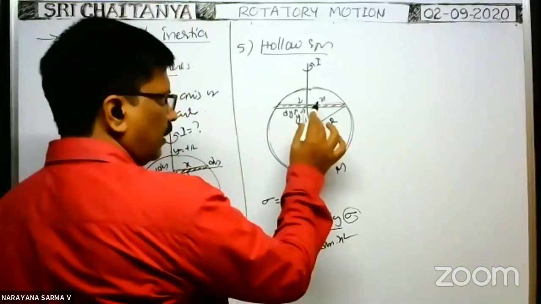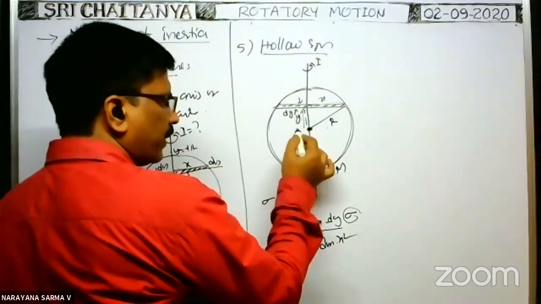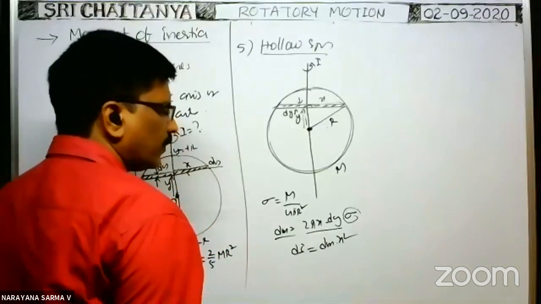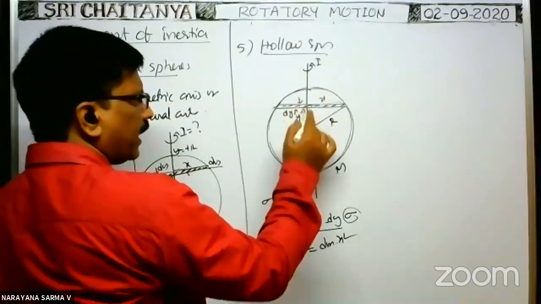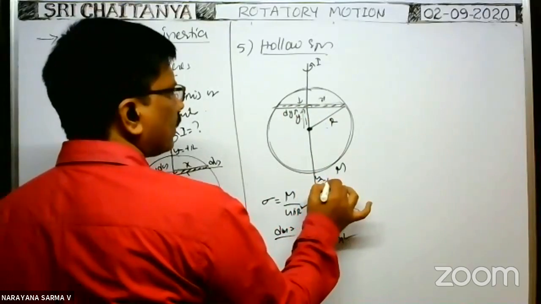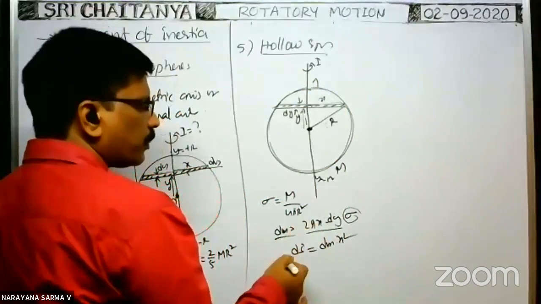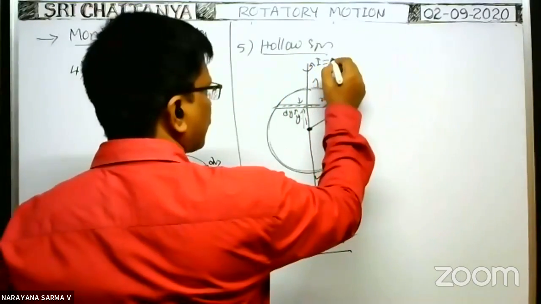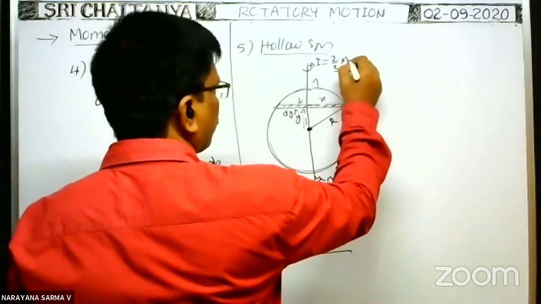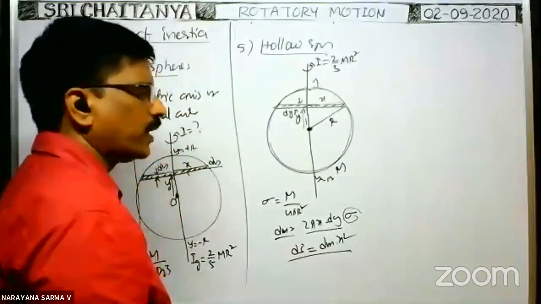Instead of x, we can write square root of r square minus y square. Then this type of elements can be imagined from y equal to minus r to plus r. Between minus r to plus r, you integrate them. Then we get the moment of inertia about this axis as 2 by 3 mr square.